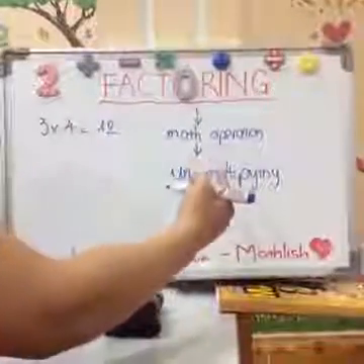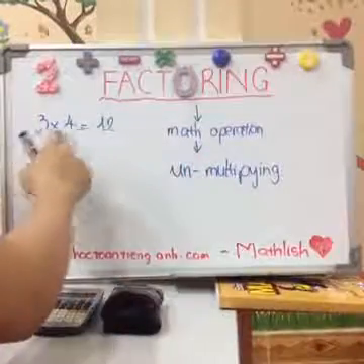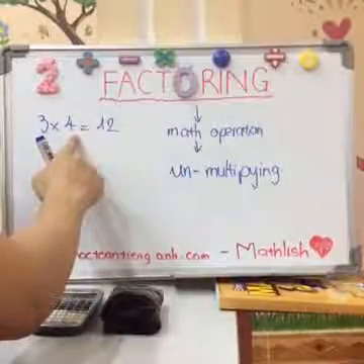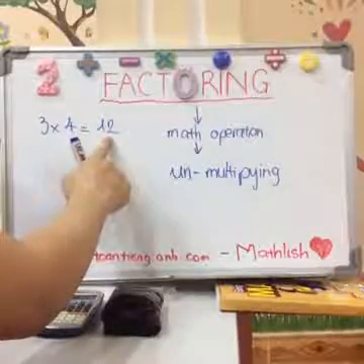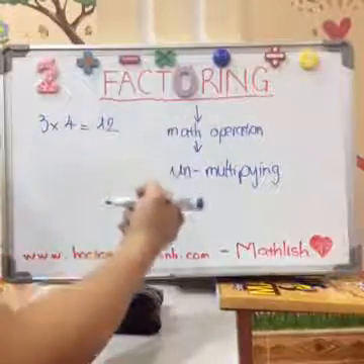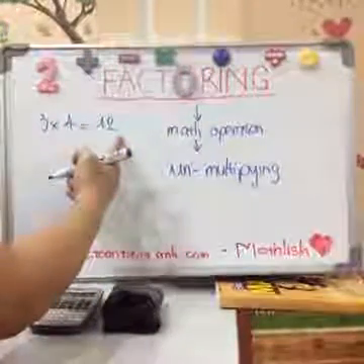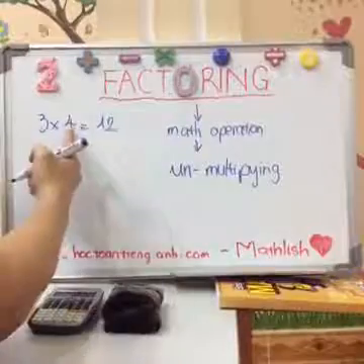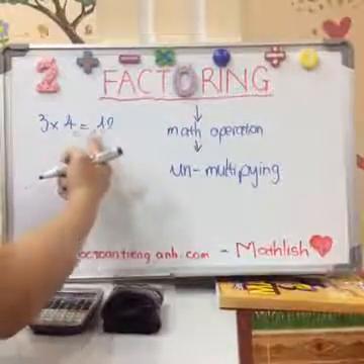When you multiply, you take two numbers and multiply them together to get one number. And when you factorize, you take one number and figure out what two numbers you could multiply together to get that number.